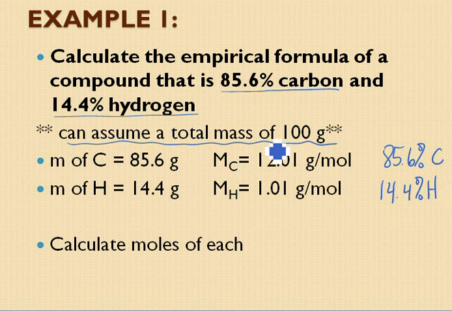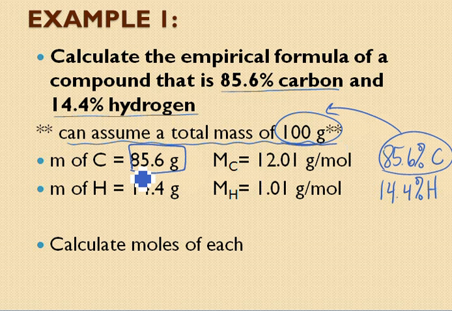So that means if we're assuming a total mass of 100 grams, well then that means 85.6% of that will be 85.6 grams. And 14.4% is hydrogen, that means 14.4 grams of hydrogen is present.